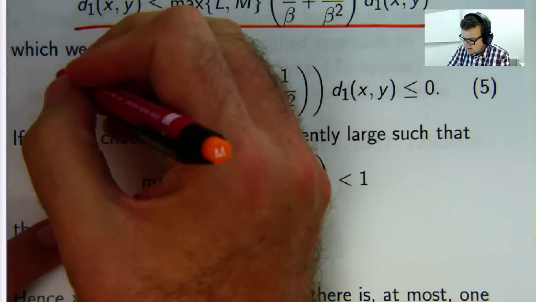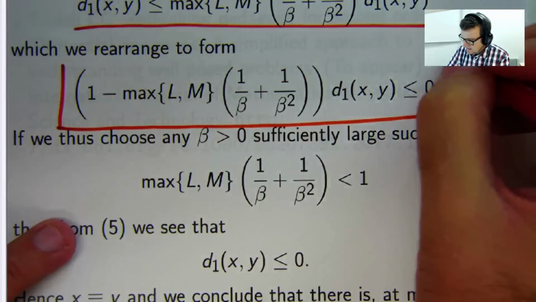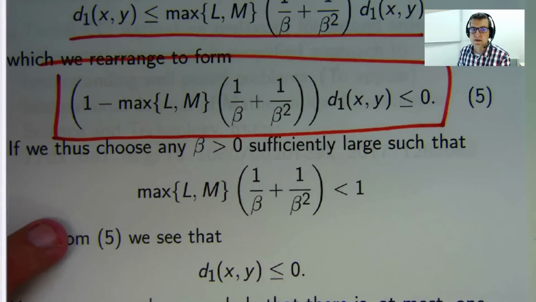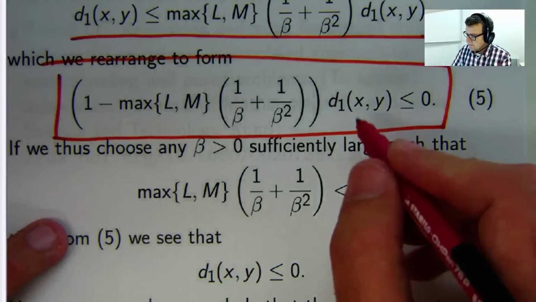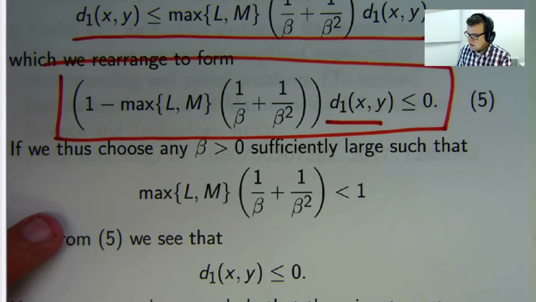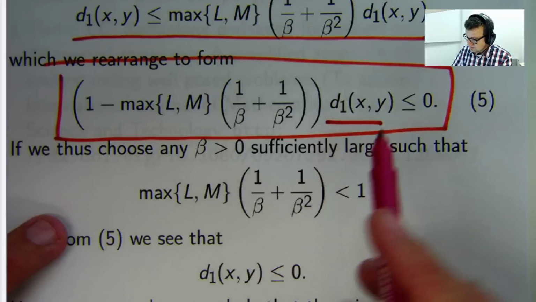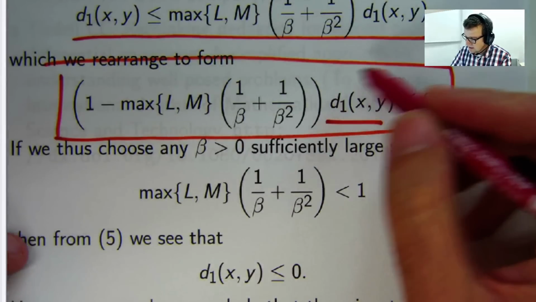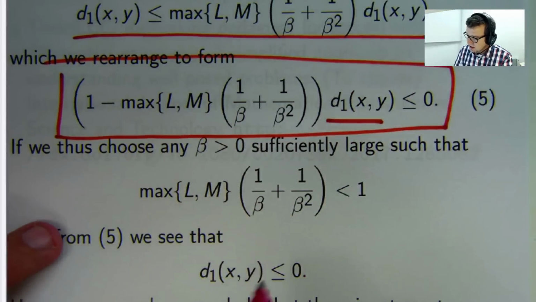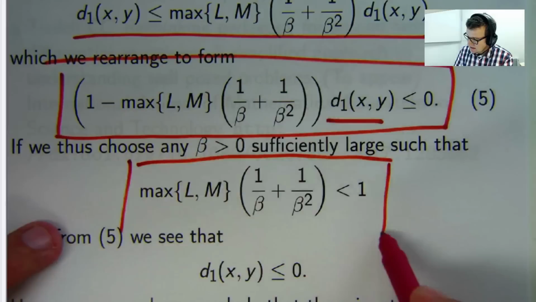So this left-hand side is less than or equal to 0. But this is certainly greater than or equal to 0. So we can force D1 to be less than or equal to 0 just by making this assumption here.